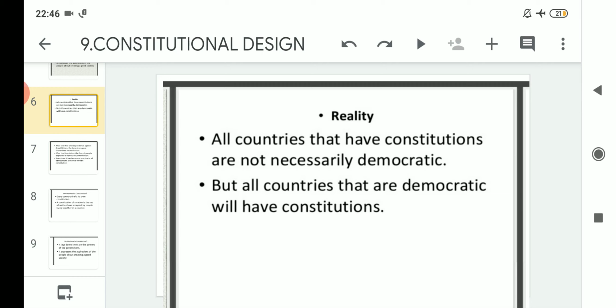Every country may have its own constitution, but that does not mean that country will be democratic. But if a country is democratic in nature or following democracy, that particular country should have a constitution. It's mandatory for that democratic country, and that also in written form. Remember this.